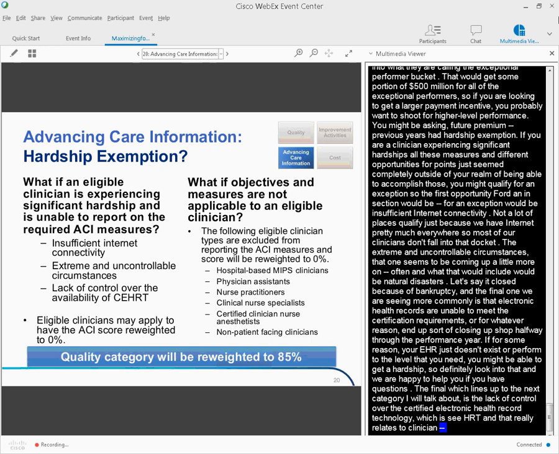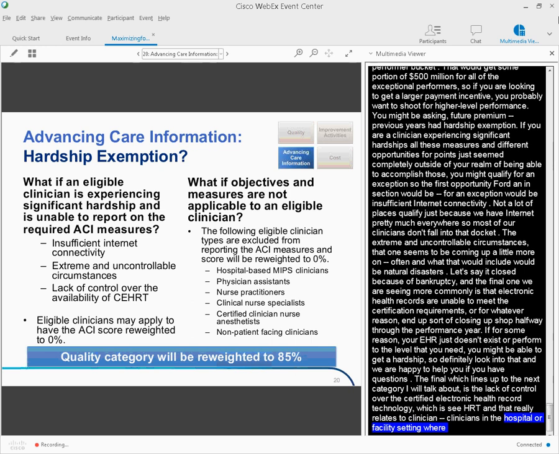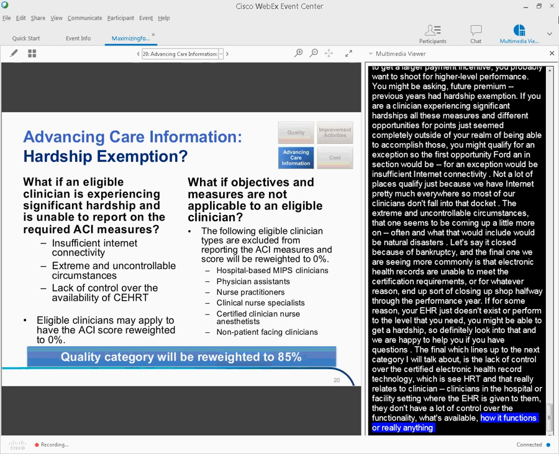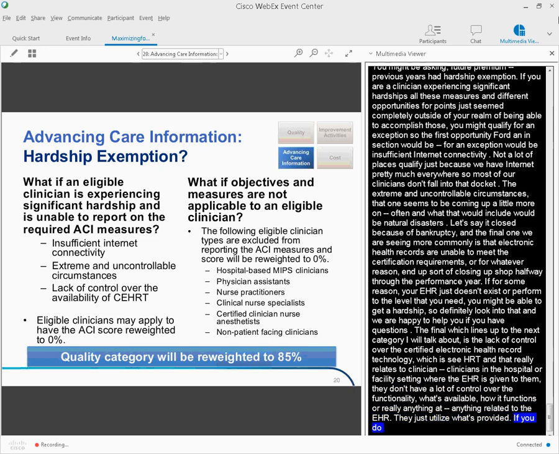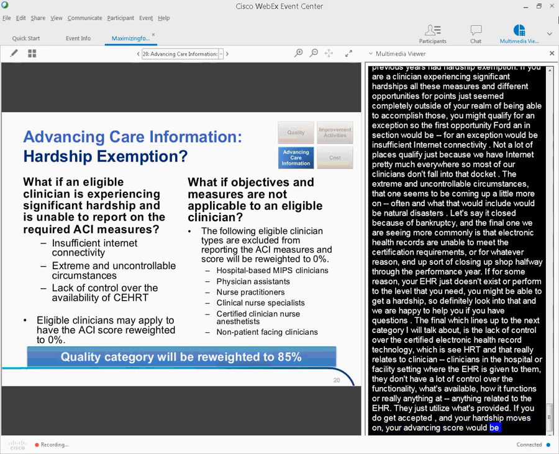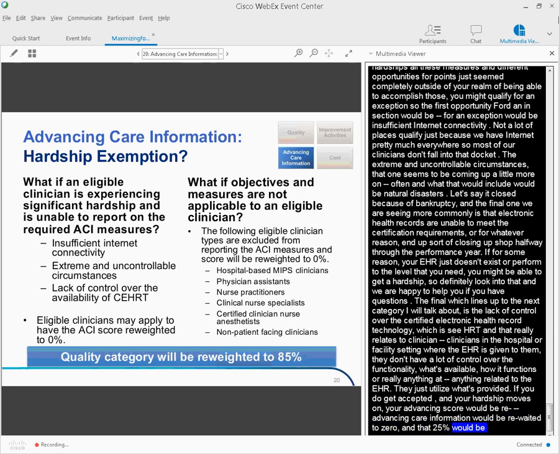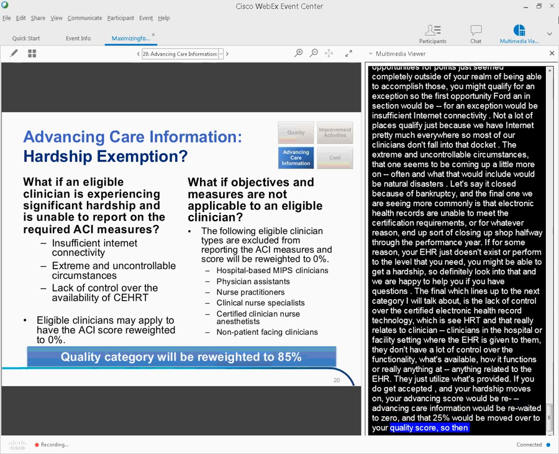They just utilize what's provided. If you do get accepted and your hardship moves on, your advancing care information score would be reweighted to 0%, so the 25% would be reweighted to 0, and that 25% would be moved over to your quality score. So quality then jumps to 85% of your total MIPS score, advancing care information is 0, and improvement activities are 15%.